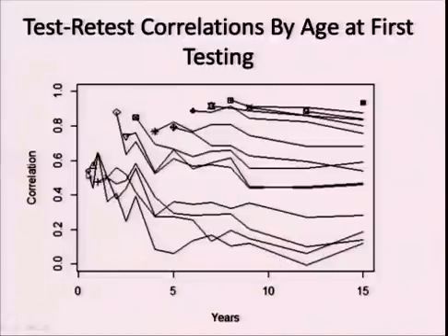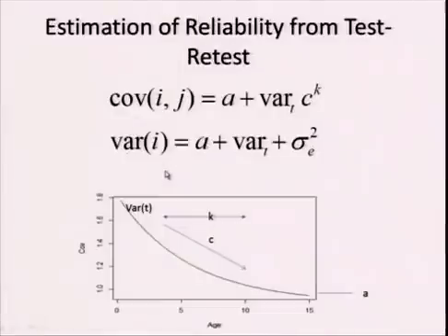And then you can go into the next one at 6 months and follow that correlation. And here we are at 3 years, and that's the correlation. And then finally, the correlation there at 12 years to 15 years and so forth. And you can see two things. First of all, the correlations go up as kids get older, and of course they decline with interval.